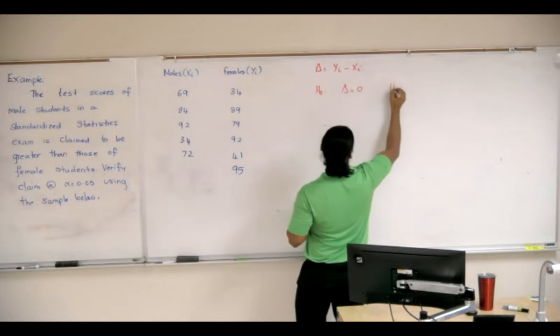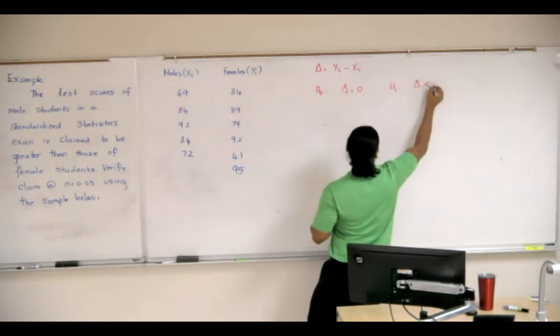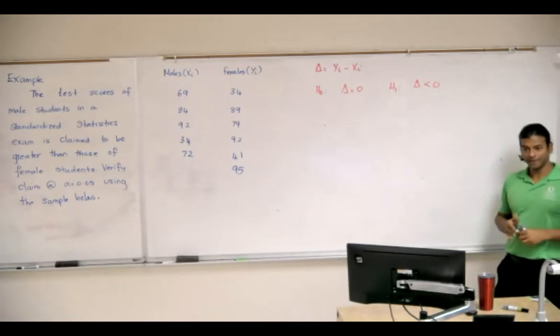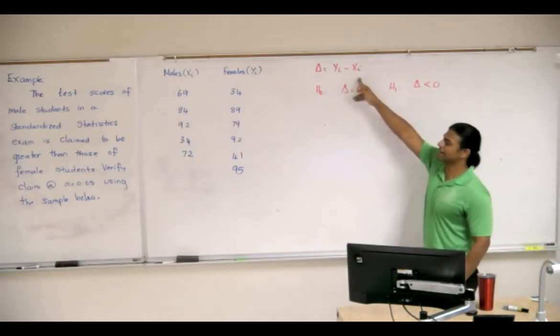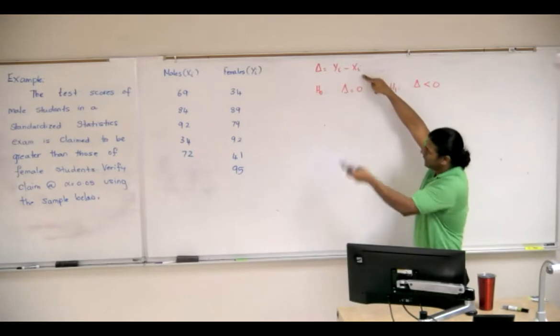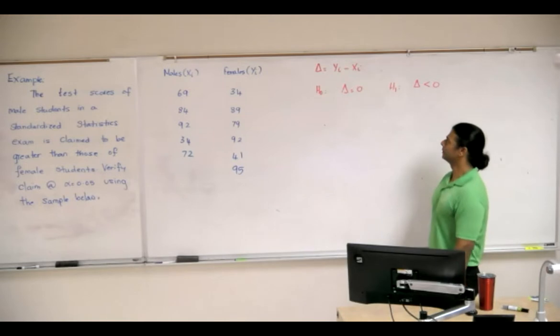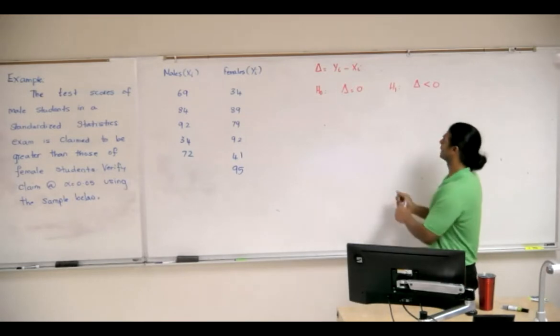No, left. If you want it to be negative, we want that to be as negative as possible, right? That would indicate that the male values are greater than females, right? That's the point of the test.